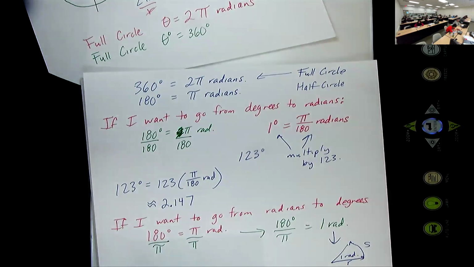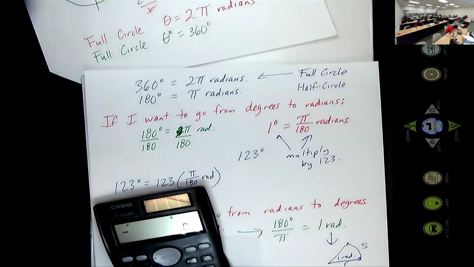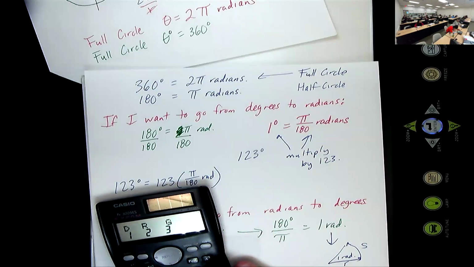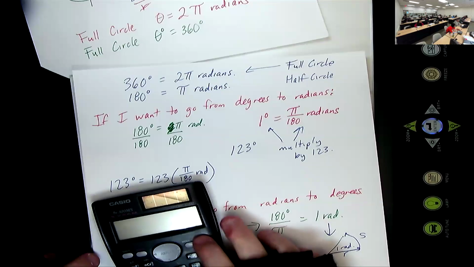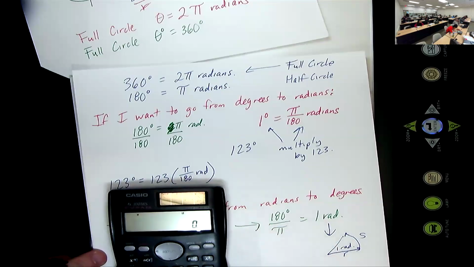So we can actually find out what it is in degrees. 180 divided by pi, oops, that's not pi. 180 divided by pi is pretty close to 60 degrees.